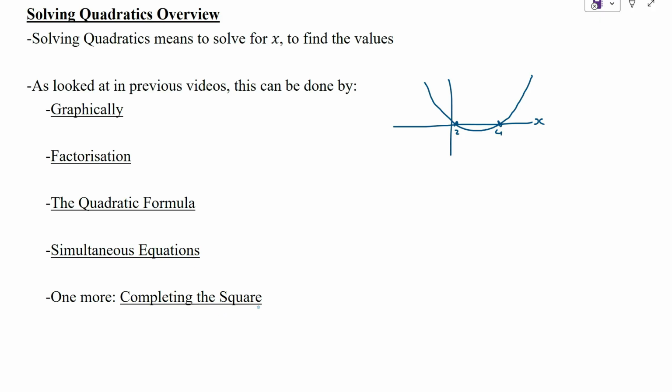And again, this is something that can be used on equations, and it's just another way of solving for x. And with completing the square, we usually only use it if specifically asked. It's not usually our go-to, but it's still something that we need to know and understand why it is used.